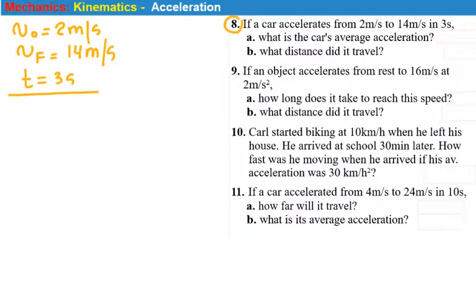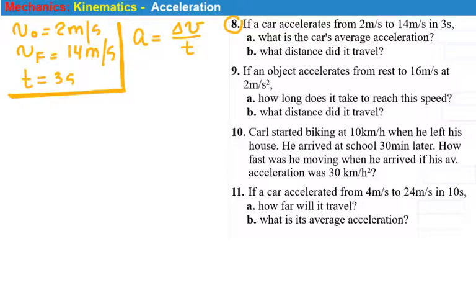What's the car's acceleration and what's the distance traveled? I always make this little box for what's given. Usually when students struggle, eventually some of you can do these types of questions in your head, but some people will continue struggling. So my suggestion is always to write everything that is given and then the formulas.